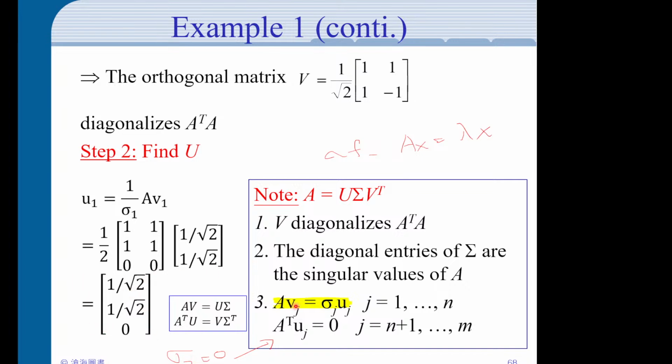We use the second equation, and we find out that all those other vectors will be in the null space of A transpose, because from this equation, when sigma is 0, then A transpose times those vectors U will be 0.